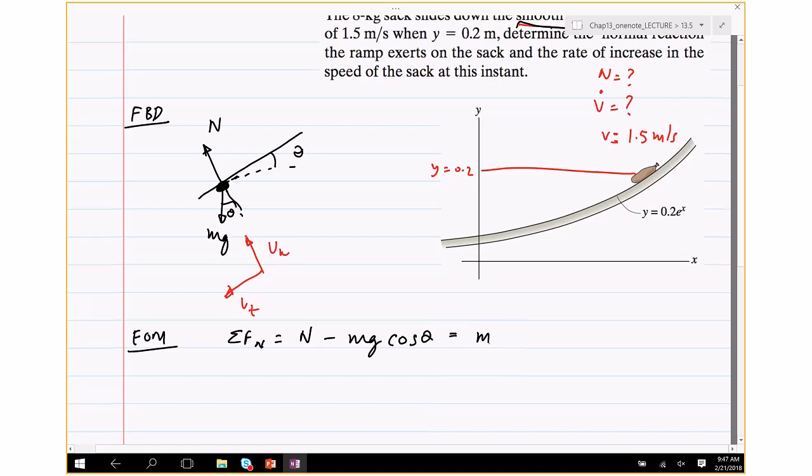That equals mv squared divided by rho. I've got to find rho. Ft is the net force in the tangential direction. The only force in the tangential direction is due to mg sine theta, which points in the Ut direction, so it's positive, equals m v dot.